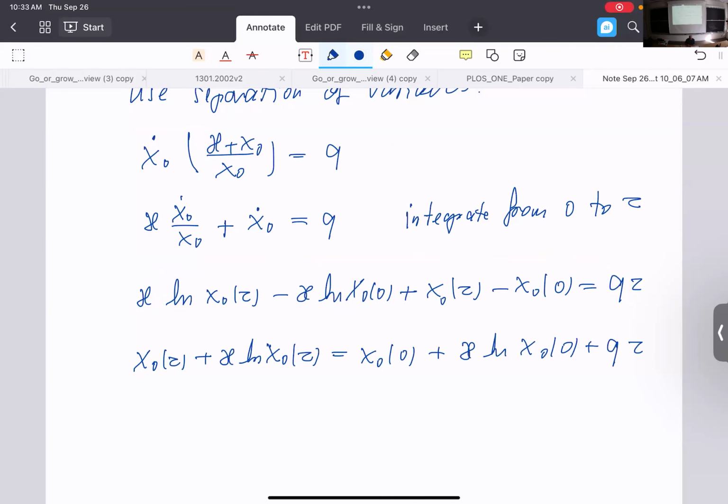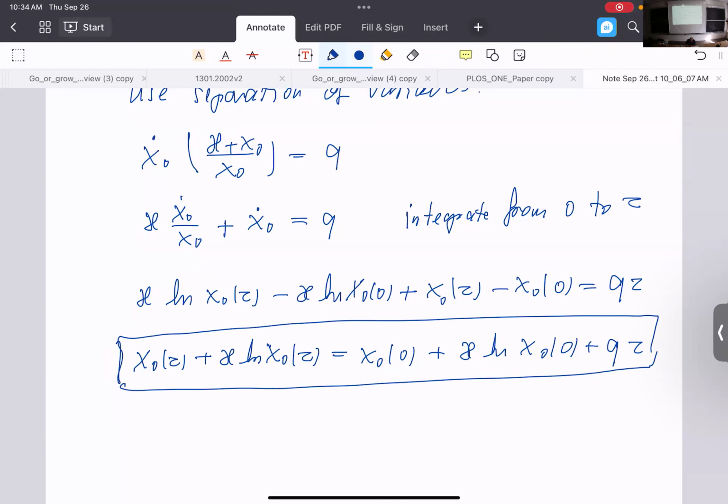Okay, I would love to solve this for x0 alone, but x0 plus log x0 I cannot solve. That's a transcendental equation, and I cannot explicitly solve this for x0, although I would love to, but you cannot have everything in life.